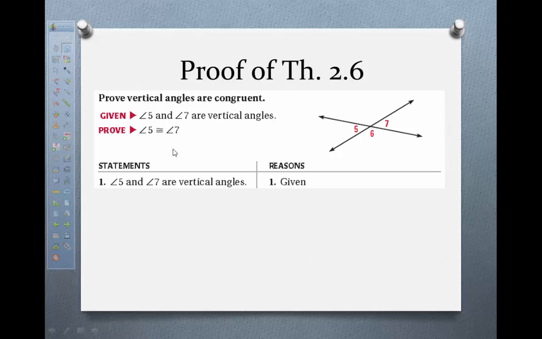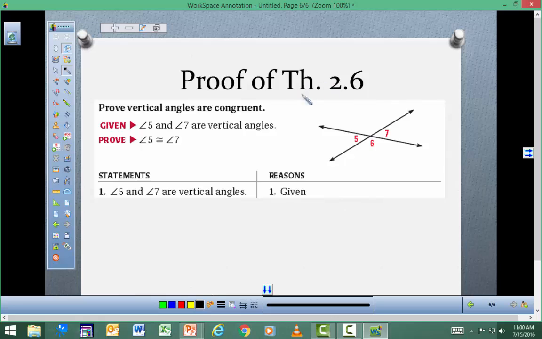So they are congruent by theorem 2.6. Well, we can't use that yet because that's the theorem itself. So we can't use the theorem itself to prove itself. So we have to prove vertical angles are congruent without this theorem because we're trying to prove it for the first time.